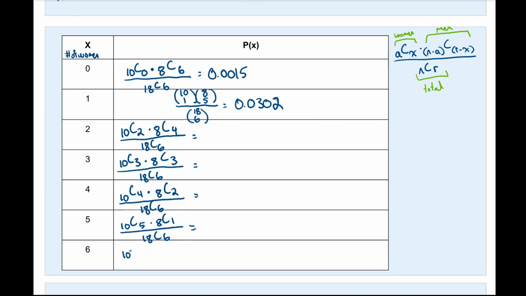And lastly, 10 choose 6, times 8 men choosing none of them, divided by 18 choose 6. And I could go through and calculate each one, and that would be the end of my probability distribution table. However, I'm not going to take the time to calculate each one. I'm going to let Google Sheets do that for me.